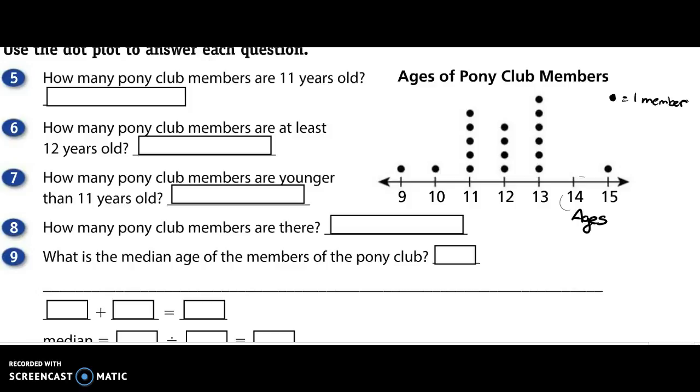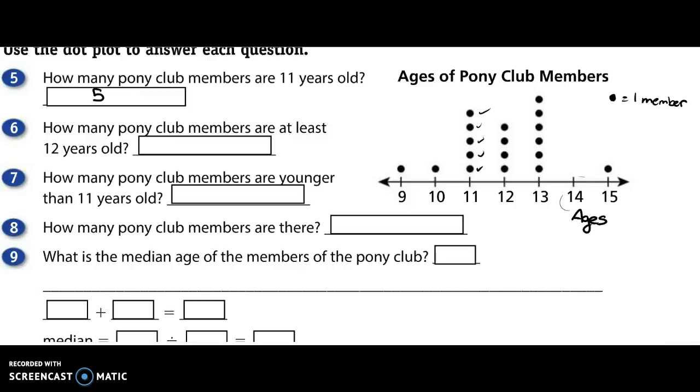So how many Pony Club members are 11 years old? Take 10 seconds and answer that yourself. Let's see. I count 5 dots above the 11, which means there are 5 members that are 11 years old. How many Pony Club members are at least 12 years old?